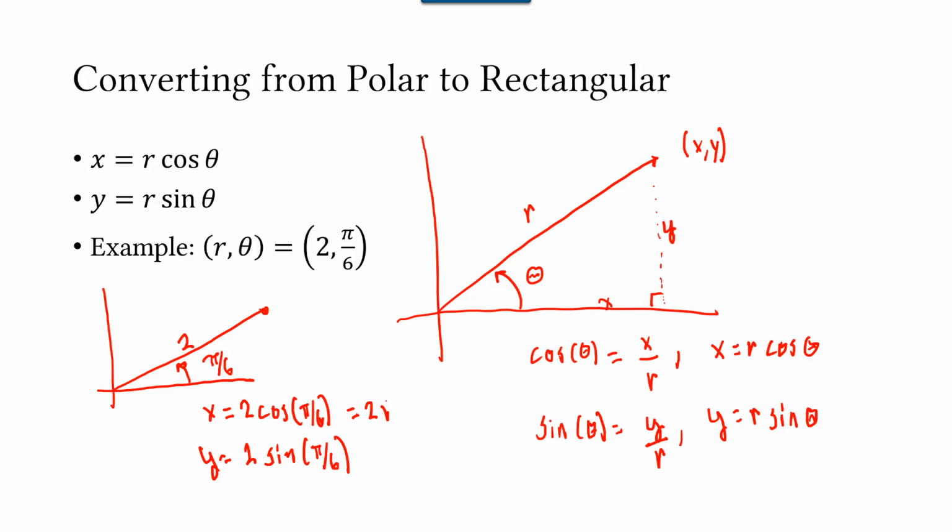And that's the point 2 times square root of 3 over 2, or square root of 3 for x, and 2 times a half, which would just be 1 for y. So the xy coordinates of my point would be root 3, comma 1.